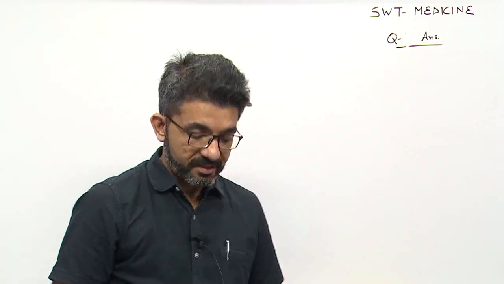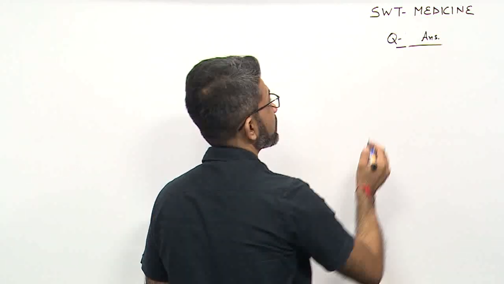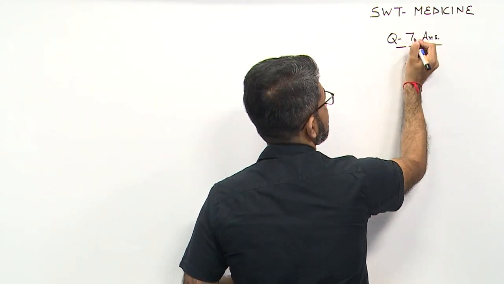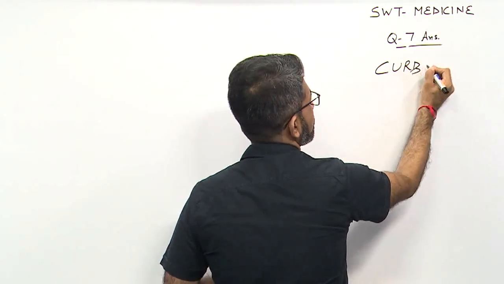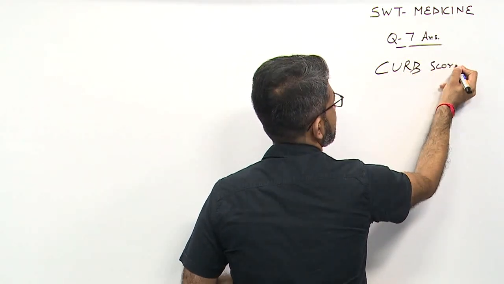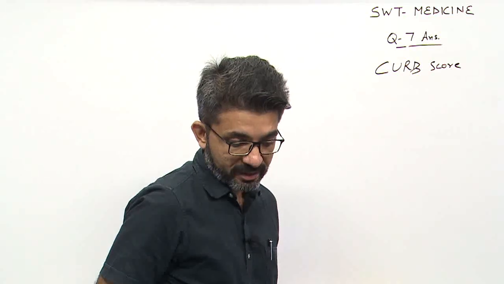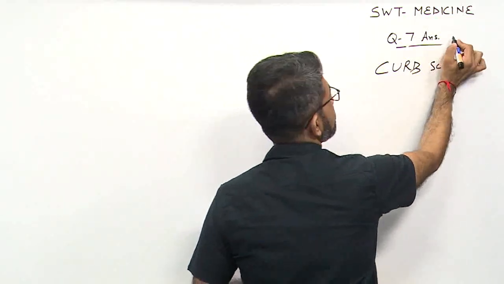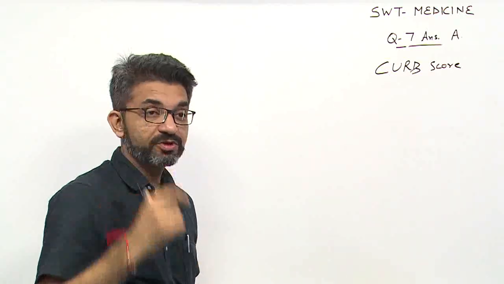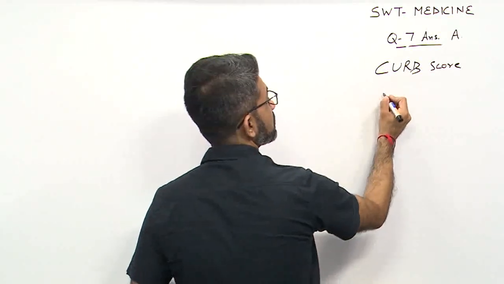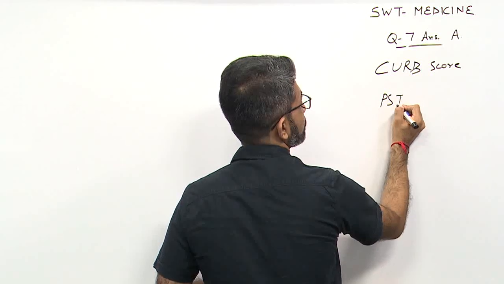Question number 7 is regarding severity of pneumonia, CURB score. Answer is A. Apart from CURB score, we have other pneumonia severity index such as PORT score.